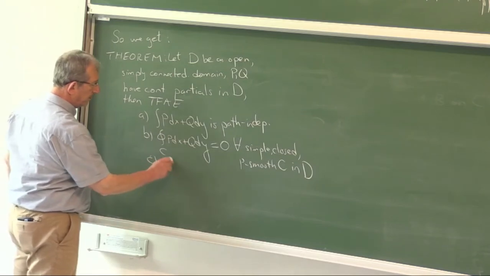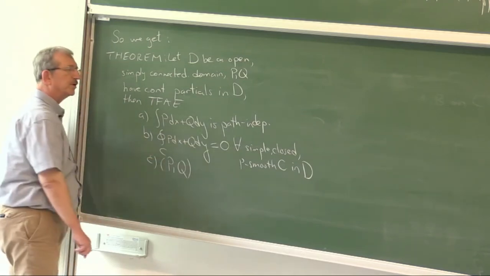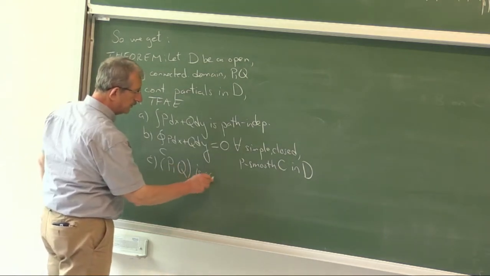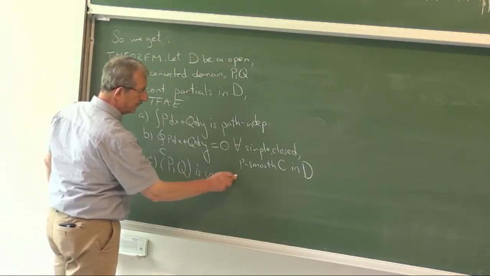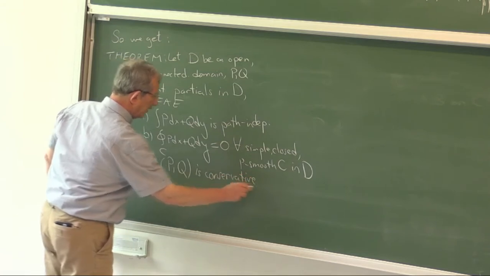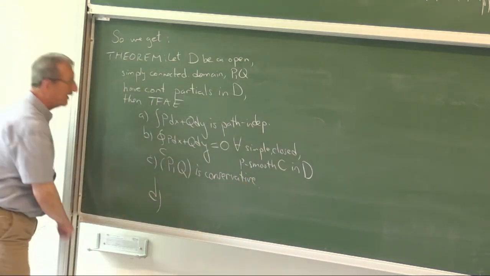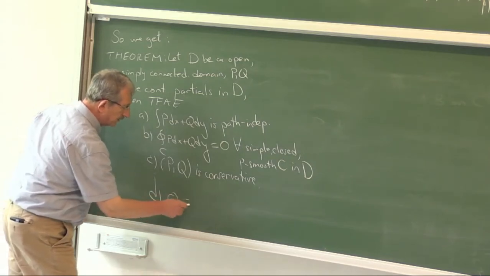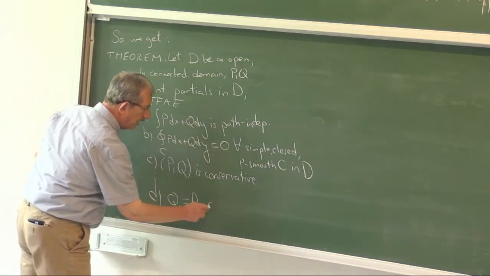Finally, which was the third condition that we already proved to be equivalent, C, this is conservative. And now we can add equivalently, D, that Q sub x is equal to P sub y on D.